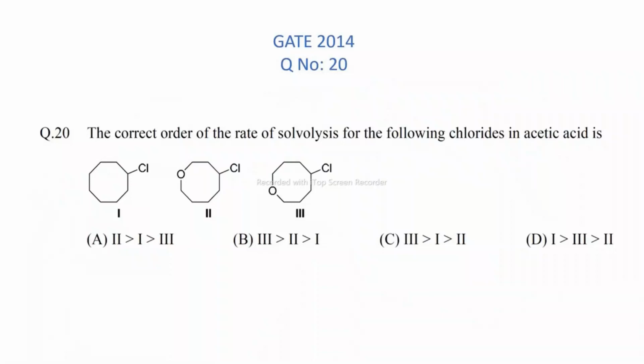The correct order of the rate of solvolysis for the following chlorides in acetic acid is. Solvolysis is which type of reaction? Substitution. Which type of substitution? SN1, SN2, SNi, SN2 prime. SN1. So SN1 rate depends on what?